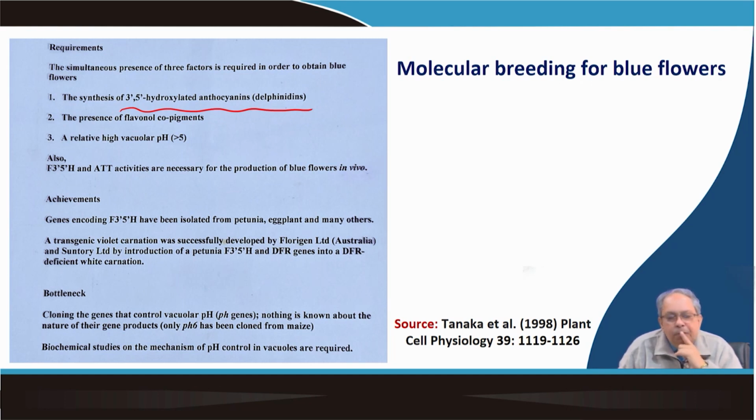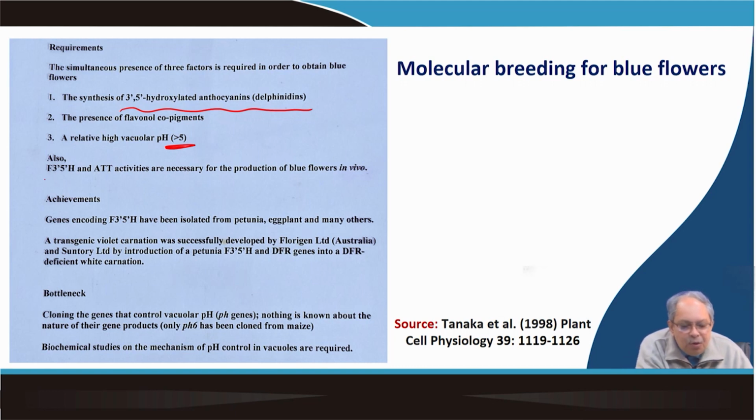Another important point is the high vacuolar pH. If you remember one of the previous slides, I have shown that blue coloration means a pH between 4 and 5. So, that is important. Now, flower petals are actually meant to have lower pH in order to make stable anthocyanin, so making a higher pH is also a challenge.